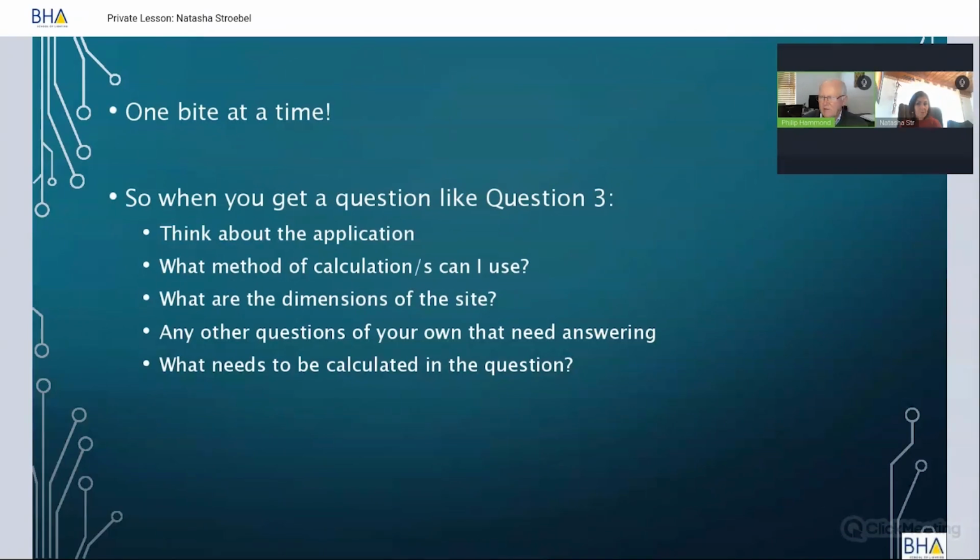What are the dimensions of the site? They're given to you. Any other questions of your own that you need to answer? That you need to answer, not me, you, because you're doing the assignment. And what do you need to calculate? So I ask you, what calculation method are you going to use here?